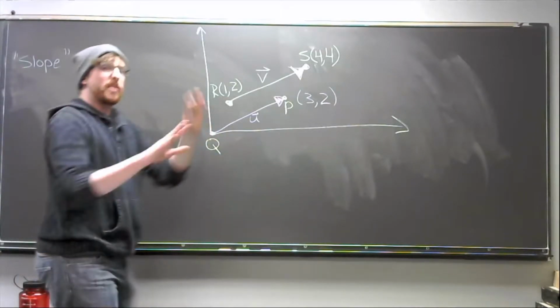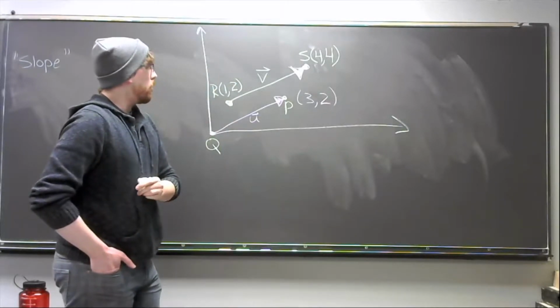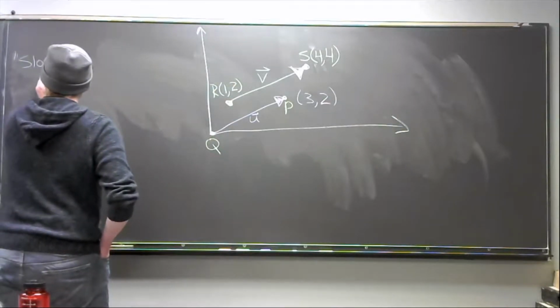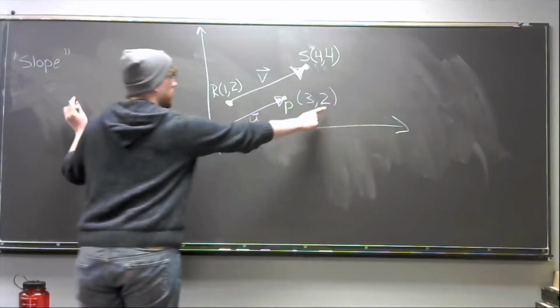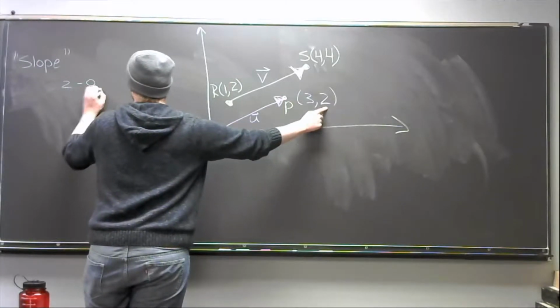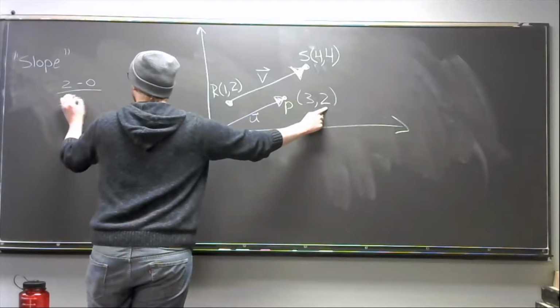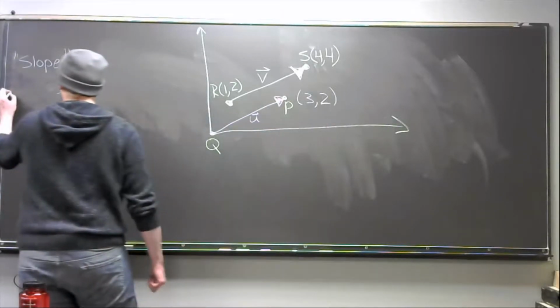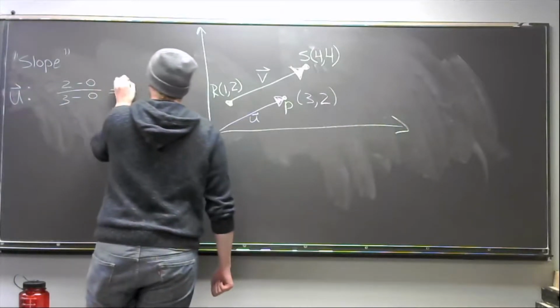But we can think of this as slantedness. The slope of u would be, my mistake, would be 2 minus 0 divided by 3 minus 0. So it would be 2/3.